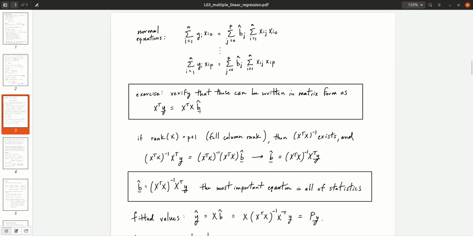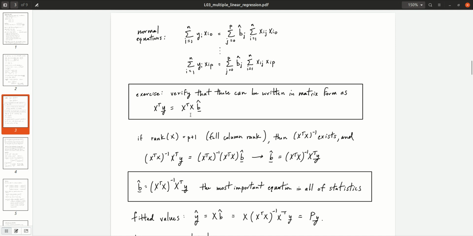The easiest way to do that is to multiply both sides on the left by X transpose X inverse. So let's think about this. X is an N by p plus 1 matrix, which means X transpose is a p plus 1 by N matrix.